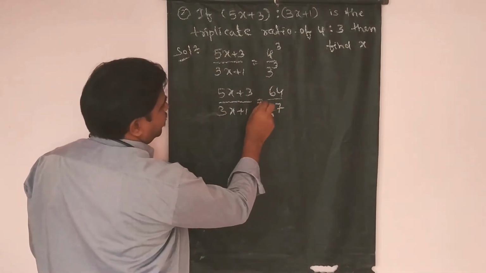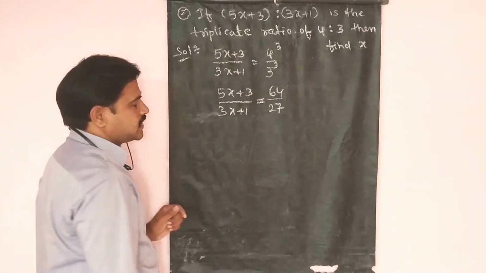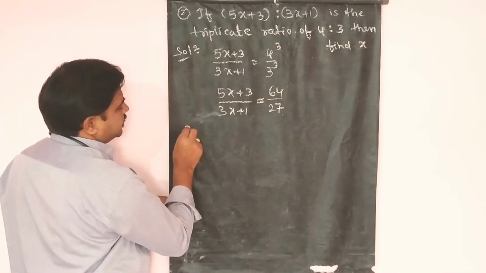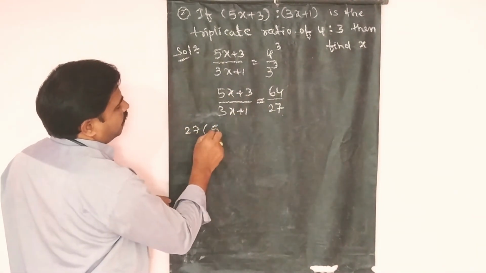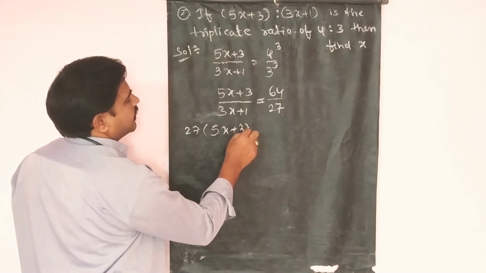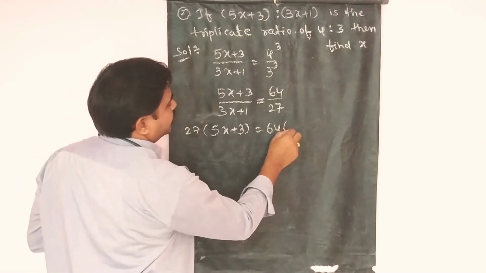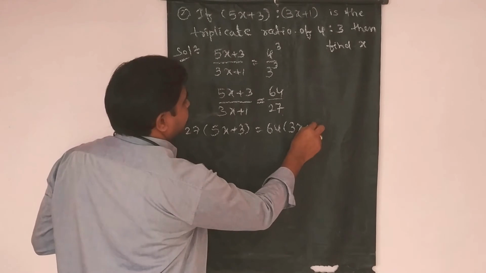Now do the cross multiplication to find the x value: 27 into 5x plus 3 equal to 64 into 3x plus 1.